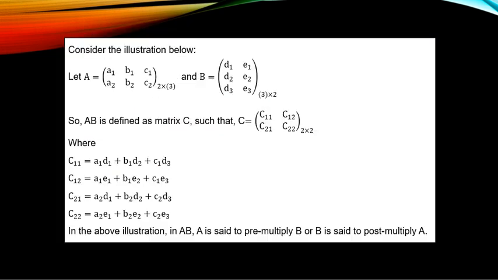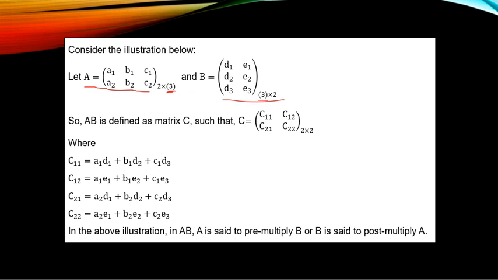So consider the illustration below. Look at matrix A with the corresponding elements and matrix B. For me to know if multiplication is possible, look at the number of columns in the first matrix, which is equal to the number of rows in the second matrix.